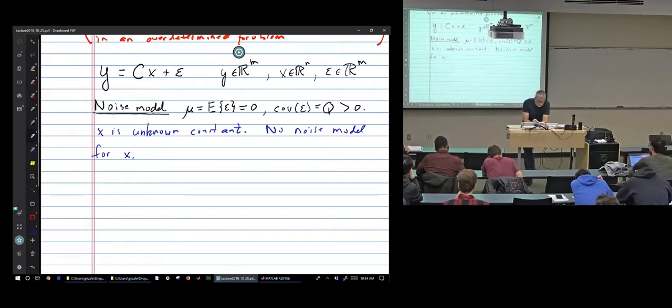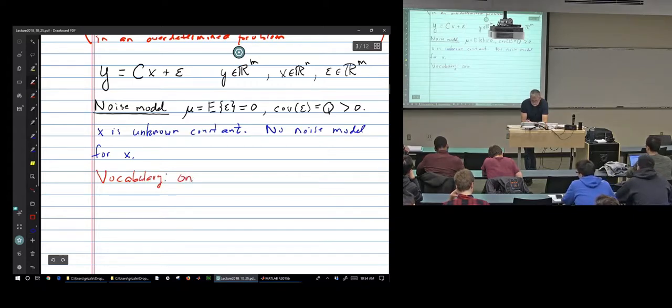Now, just vocabulary. One says X is deterministic, while this epsilon thing is stochastic.